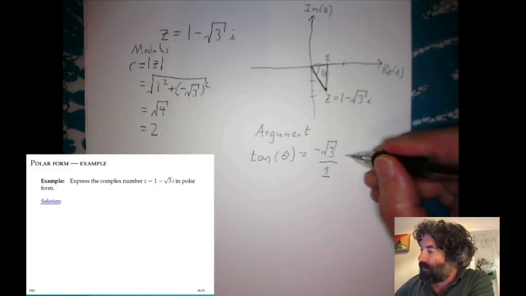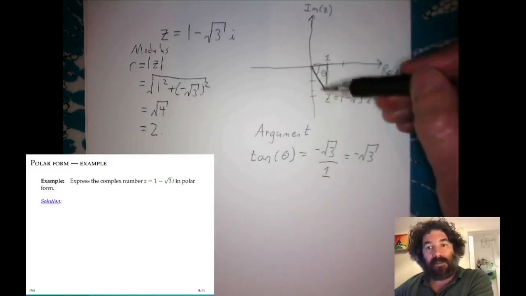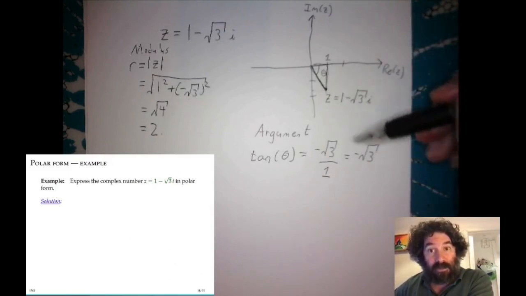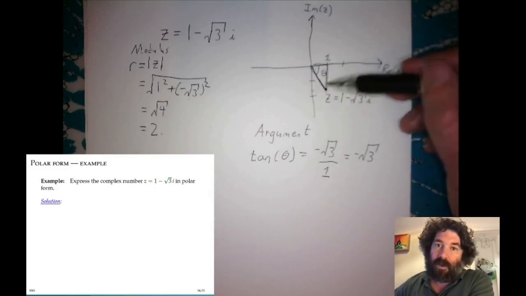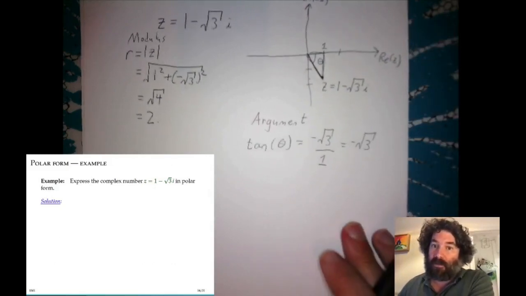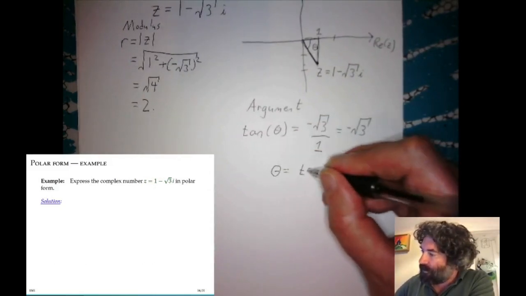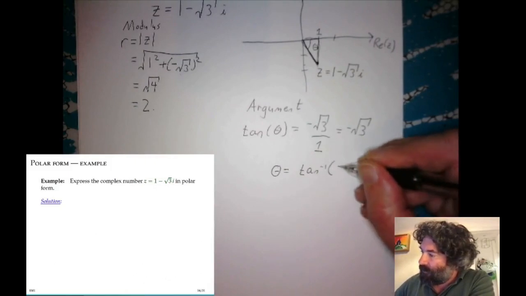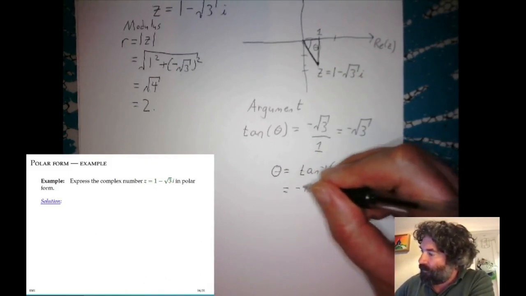So the tangent of theta is negative square root of 3. And in this case, if we simply take the inverse tangent, we're going to get the correct angle. The inverse tangent gives you an angle between negative pi over 2 and pi over 2. So theta is equal to the inverse tangent of negative square root of 3. It's negative pi over 3.